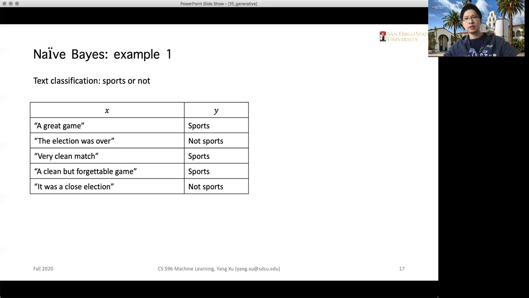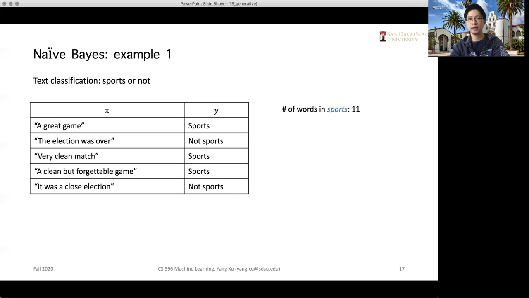Let's consider this minimal text classification example, sports versus not. We have collected a bunch of email samples. We have both, and we assume they are already manually labeled with sports versus non-sports. Let's count how many words are there.